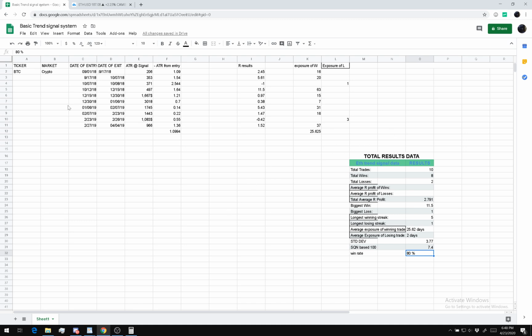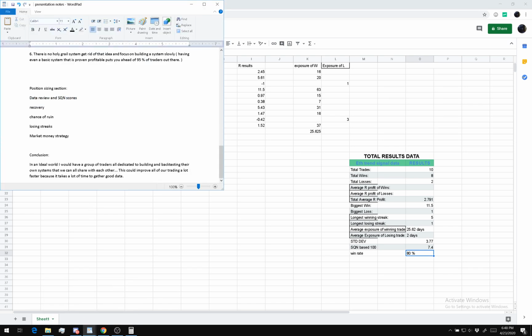So it allows me to build up a data set, because if I'm just testing one chart, let's say a weekly or daily system, maybe there are only 50 trades in the entire history of the chart. I want to get my data set above 100. Once I get my data set above 100, these numbers become very, very valuable to me.